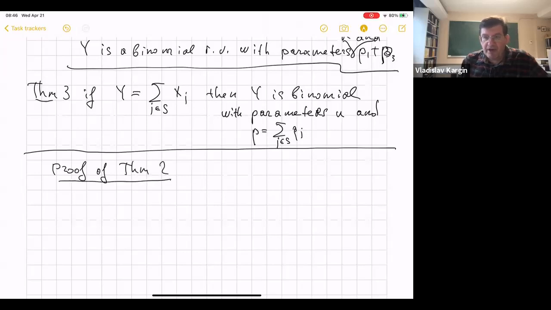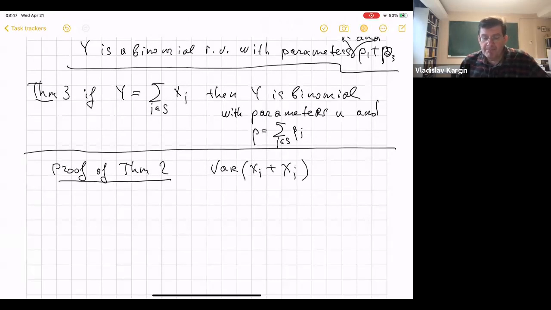So in the lecture notes, I did it a little bit differently than here, using indicator random variables. Now let us try to do it a little bit differently. Let us write what's the variance of xi plus xj.